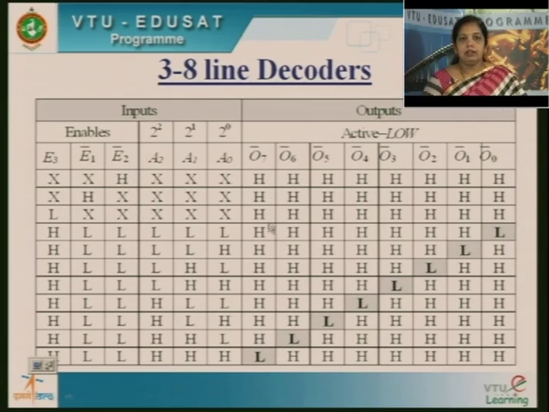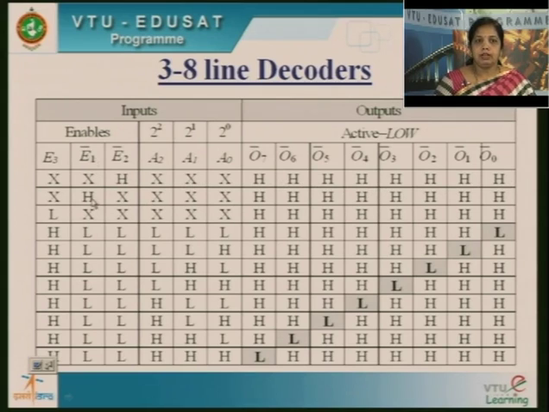So when will you get the output? Since it is an active low output, you can just see here. If my enable pin E2 is active high, no matter whatever you give on the input lines, all the output lines will be held high.